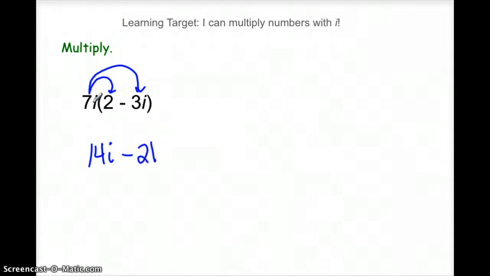But how many i's are there? We've got this i times that other i, so we would write that as i squared. But you should never leave i squared in an answer because we know that it's a -1. So really we're doing 21 times a -1. So we're supposed to be subtracting a -21.